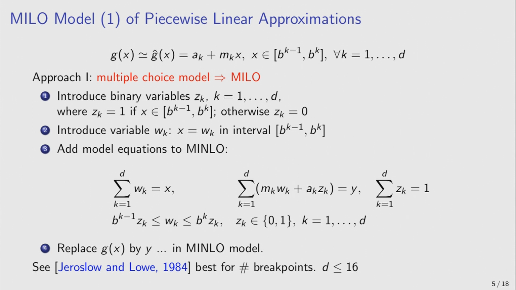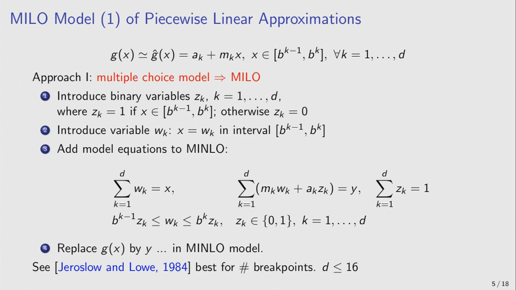And then the piecewise linear approximation is just taking all the pieces, plugging in the wk, so that's the x value, and multiplying the offset by zk. So now if zk is 0, then this part is 0. We set wk to 0 because zk is 0. They vanish.